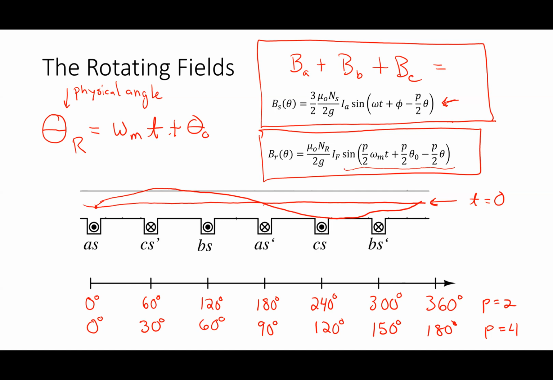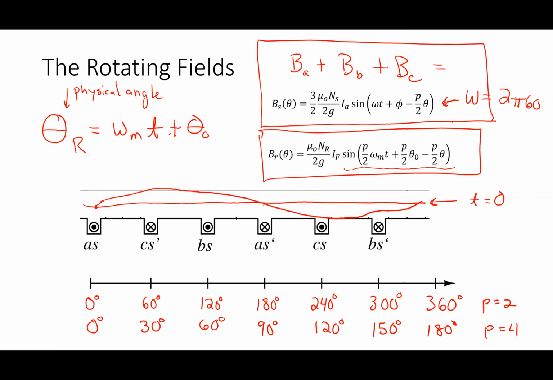How fast is this guy moving? So omega is how fast he's moving. What is omega if I'm connected to a grid? 2 pi 60, right? Now I said this guy is called a synchronous machine. Why is he called a synchronous machine? To make a constant torque, again, I'm not deriving that, but basically to make a constant torque, those two fields have to move at the same speed.